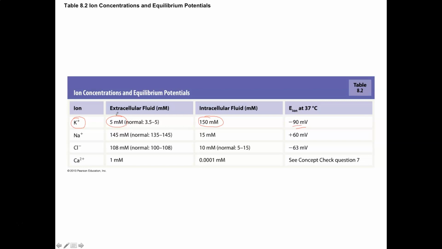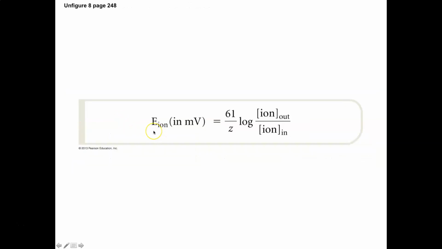And by using the Nernst equation, we can plug in the values and find out what the equilibrium potential for potassium really is. So let's go back and take a look at that equation. Let's do the equilibrium potential for potassium.